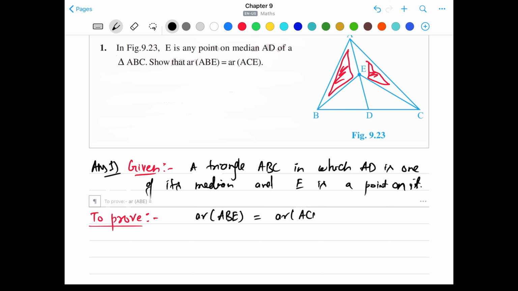Okay, now we'll come to the triangle EBC. For this triangle, this ED is again a median. Okay, so we'll write, and in triangle EBC, ED is a median.